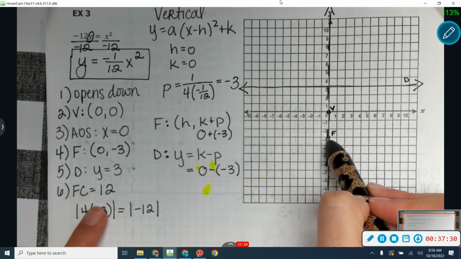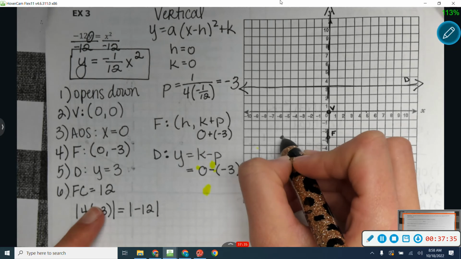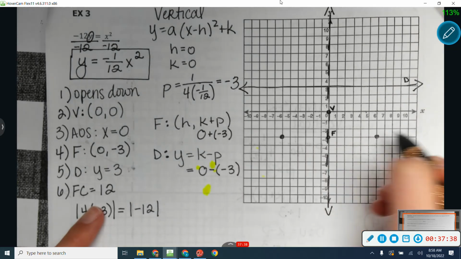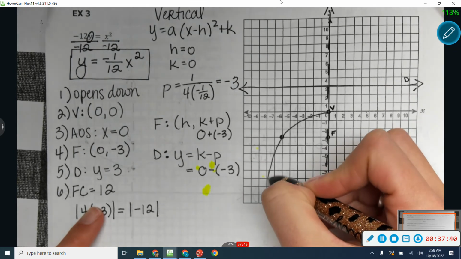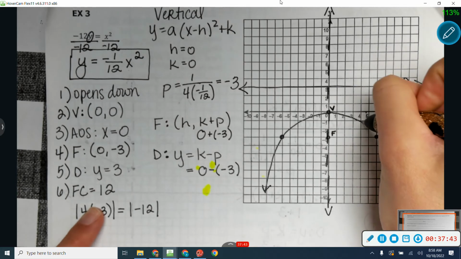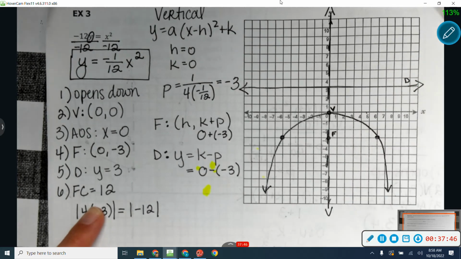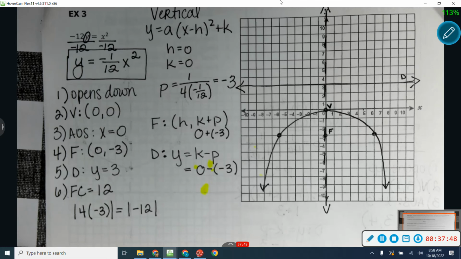So if I start at my focus, how many am I going left and right? Are you good with that?